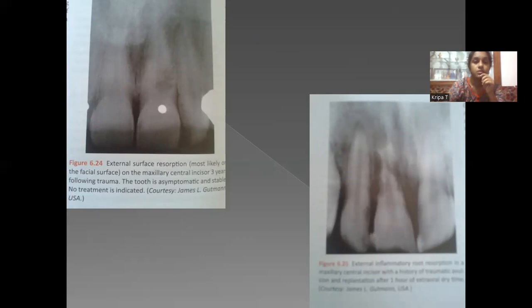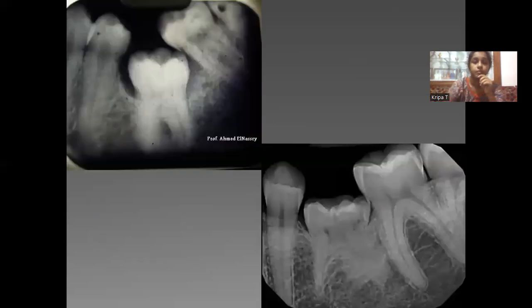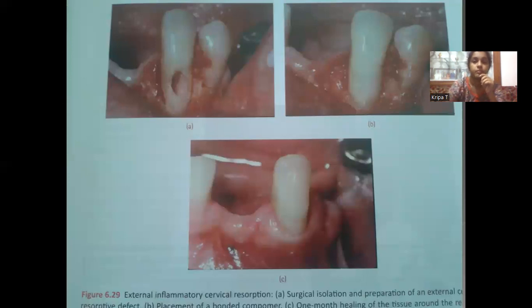Here you can see the tooth has undergone trauma a few years back. They have not done a treatment and you can see the surface resorption. In the other figure, see, a fully eroded tooth. This tooth is ankylosed. Here you can see a cervical resorption.